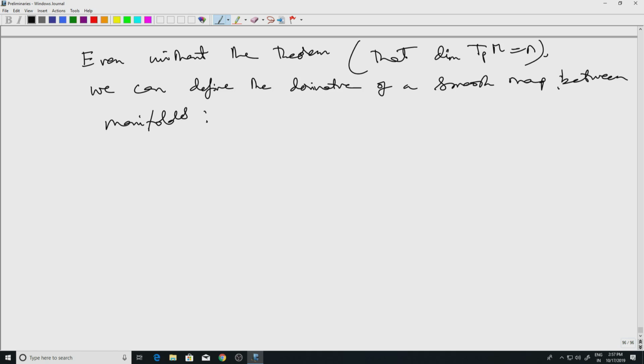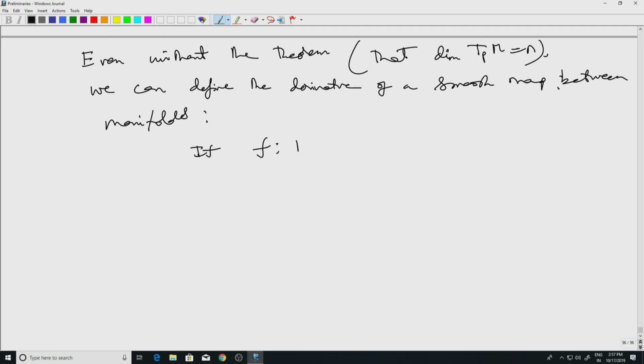When we started this course, we started by defining the derivative of a smooth map between open sets in Euclidean spaces as a linear map between Rn and Rm. But now what we are going to do is replace the Rn and Rm by this notion of a tangent space.